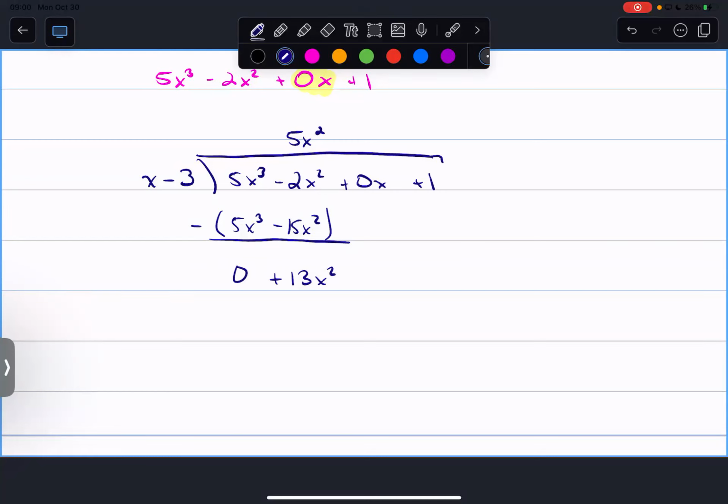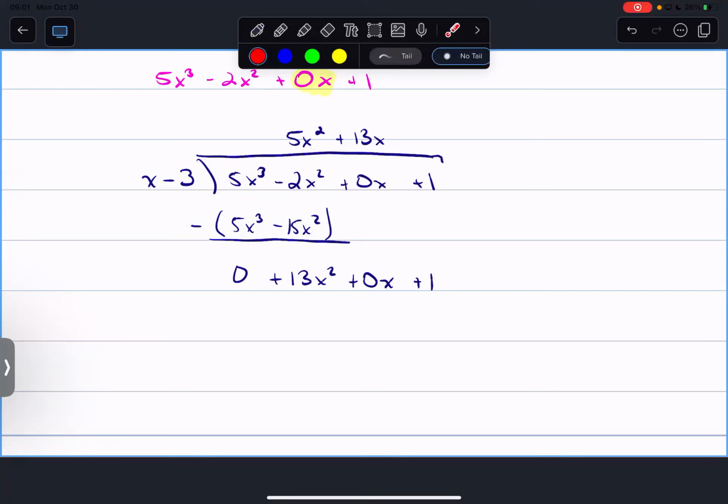Then you can leave them up here, but like I said, I like to bring them down, as long as you don't forget about these terms. You still have to work them. I like to bring them down, but it's optional. But then I have my new polynomial that I'm dividing into. 13x squared divided by x puts me at plus 13x.